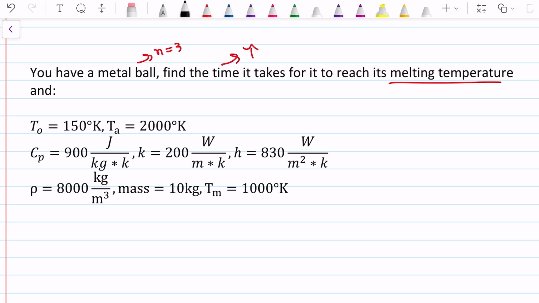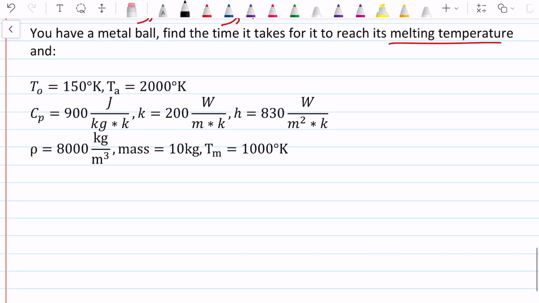So in order to do that, if we know our n, we're going to need the dimensionless temperature, which we know is the temperature as a function of time, minus the ambient, over the initial minus the ambient.